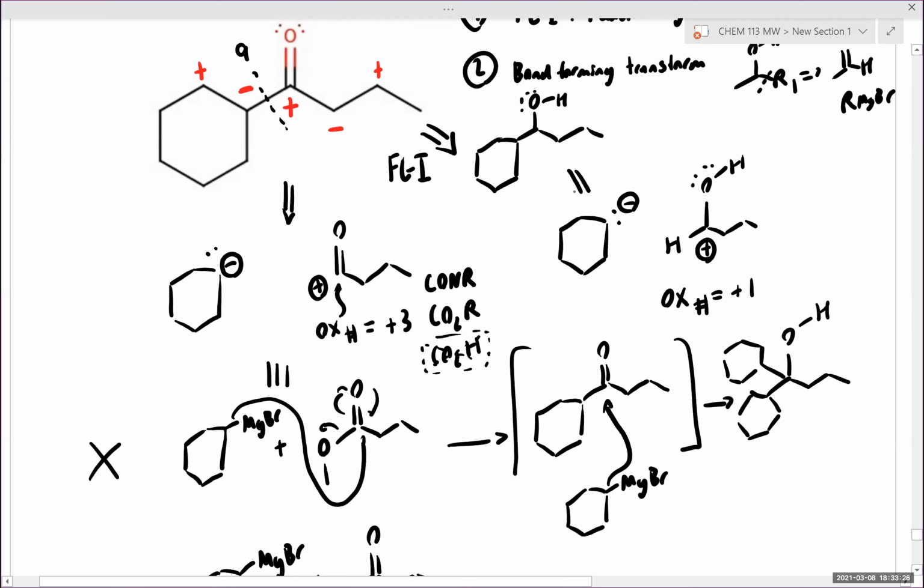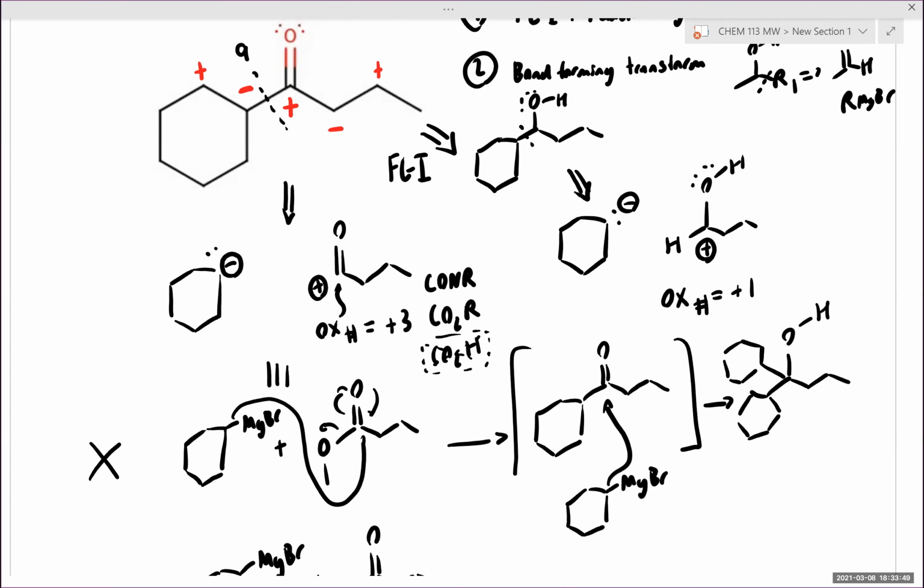Or currently we have a route that would make this alcohol, right? And by going through the alcohol, we can sidestep this chemoselectivity issue associated with our ester functionality and associated with trying to make this ketone directly.